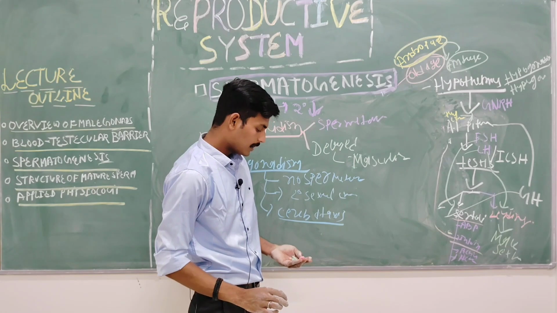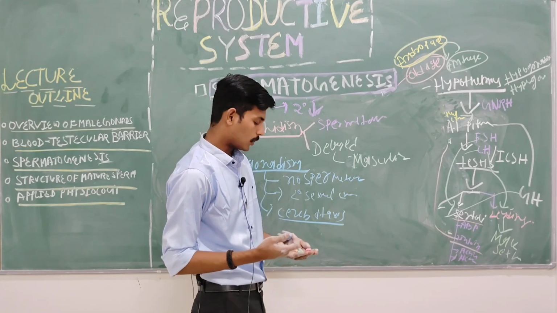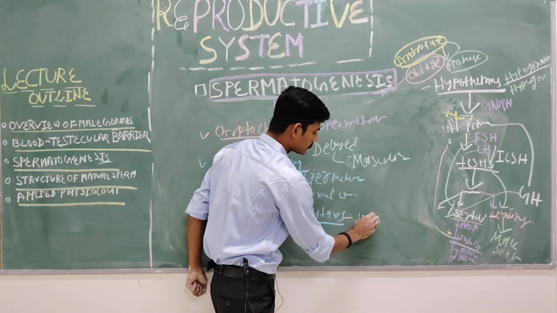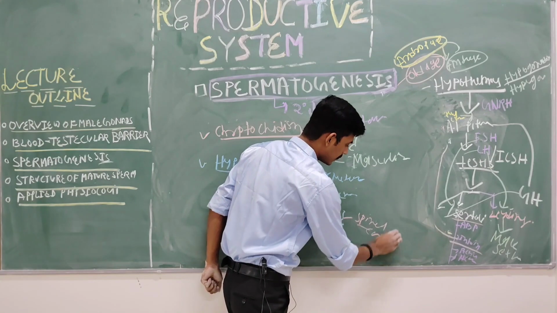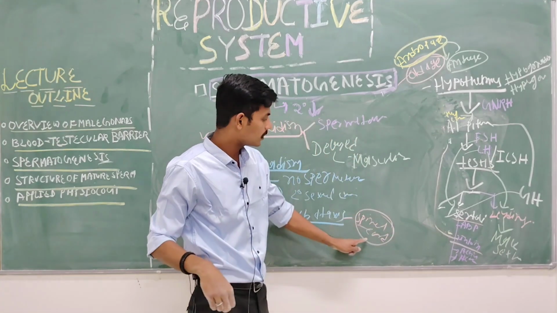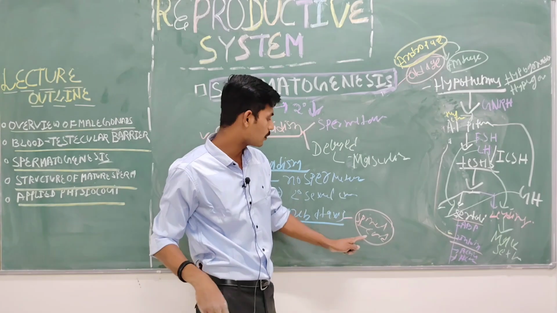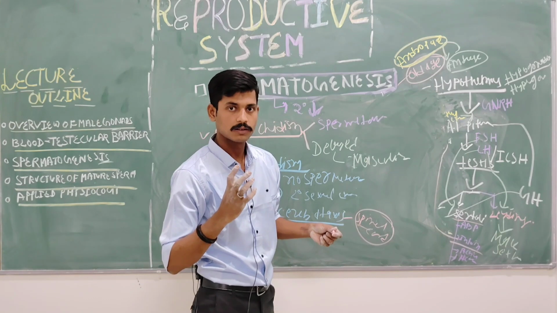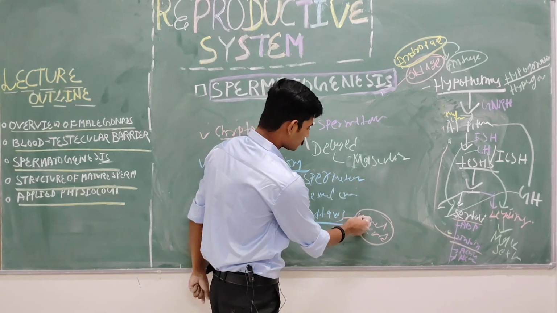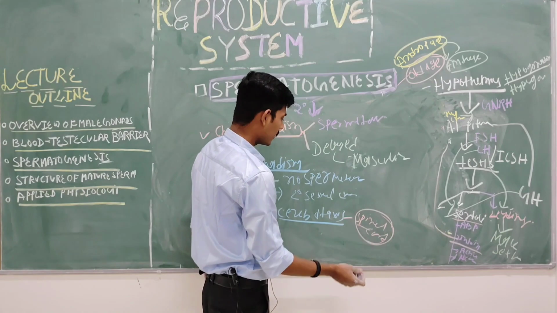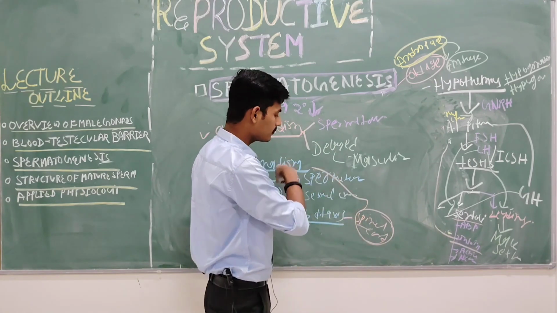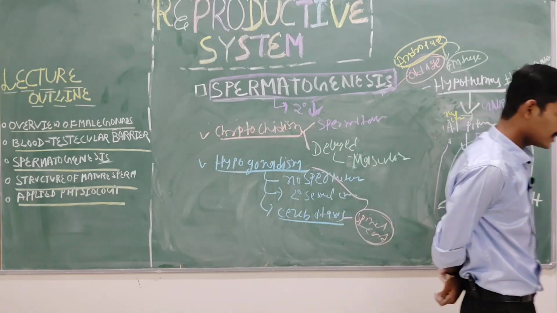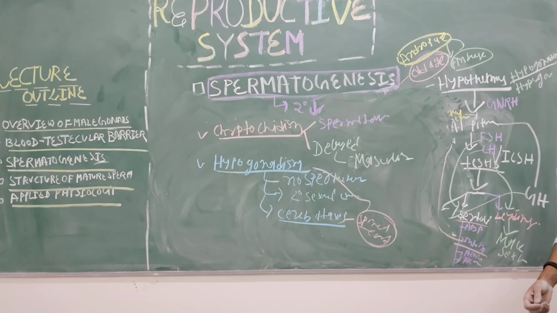By any accident or injury, there can be an injury in the spinal cord, and you know the spinal cord is part of the central nervous system, and it also helps in sensing and regulating the body temperature. So if the spinal cord is injured, there will be hypogonadism.